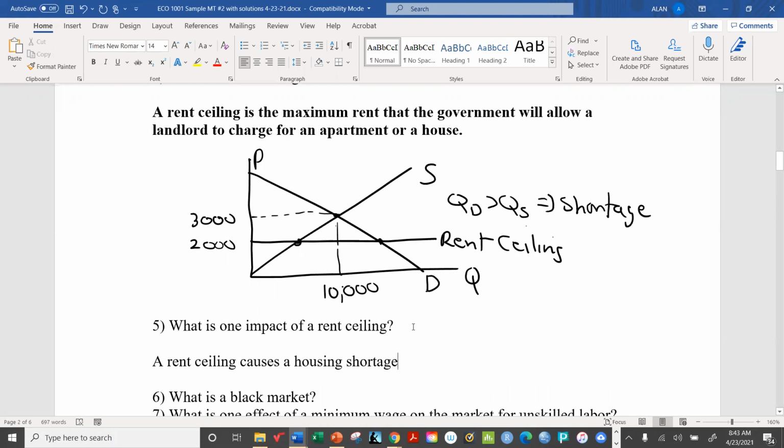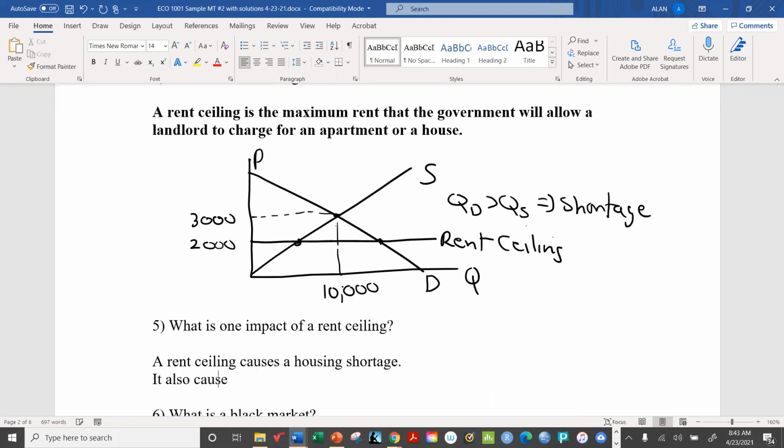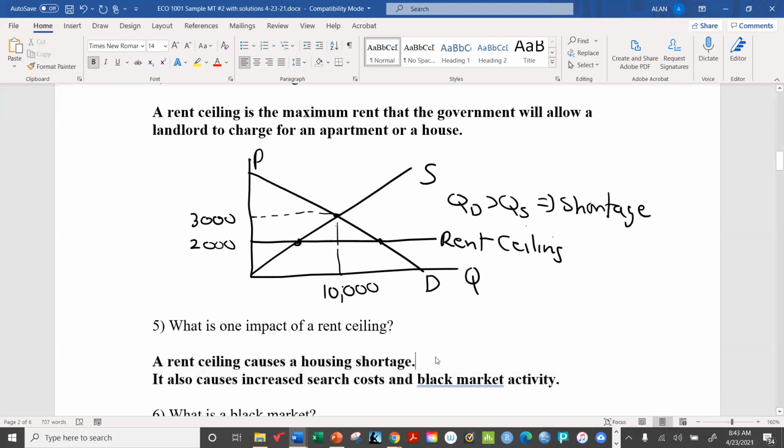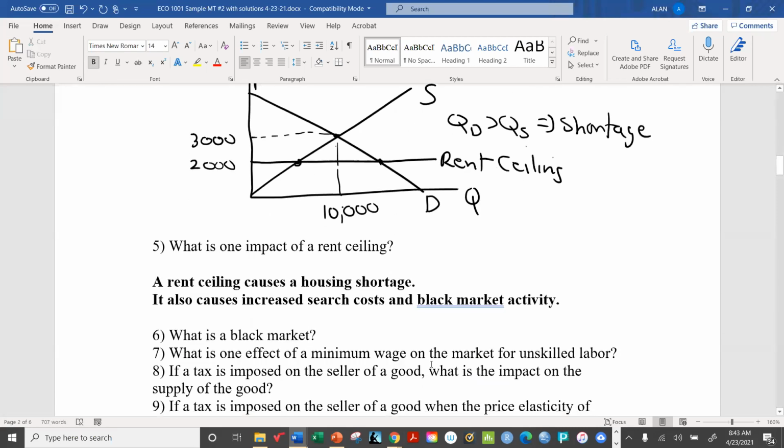But if you want to add more, it also causes increased search costs. And of course, black market activity. The most important one is, of course, the one on top, the housing shortage. That's all you need for this case, but it also increases search costs and black market activity.